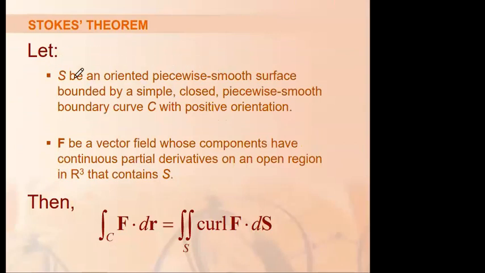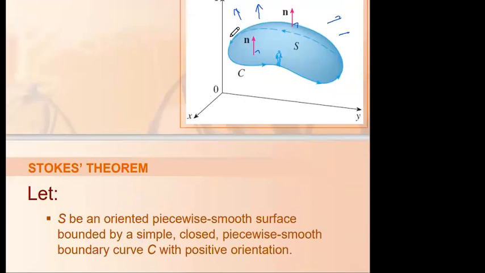All right. So the oriented piecewise surface. Then the tangential, yeah. So then the tendency for the vector field to be aligned with the tangential vector to the curve.